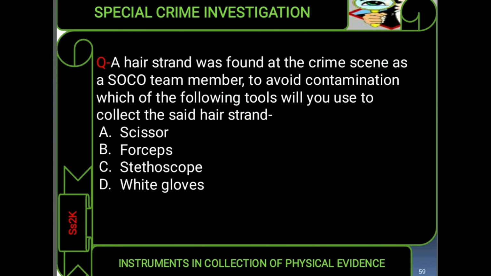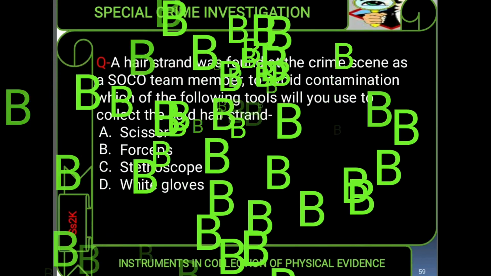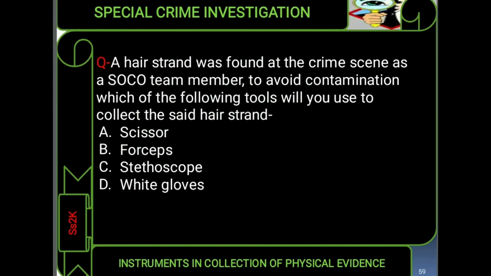The instrument that you will use to collect a hair strand, to avoid contamination, and directly put it in a piece of paper, is forceps, no? Forceps. So they say that if the evidence is very small, tiny, extremely small, then you will use the tape lifting.